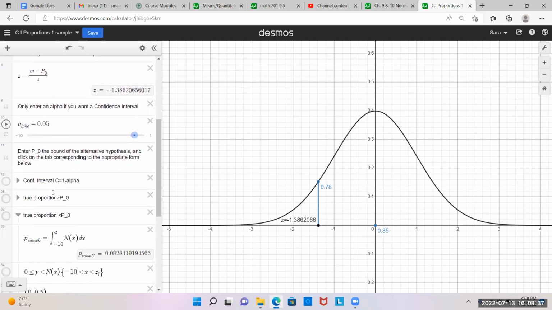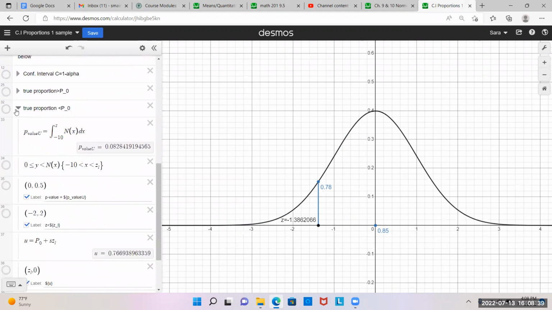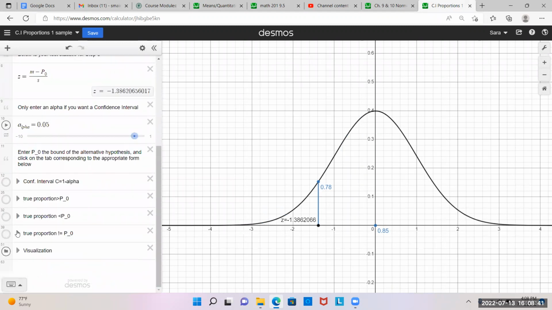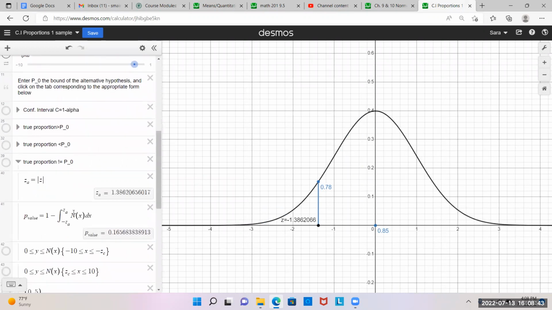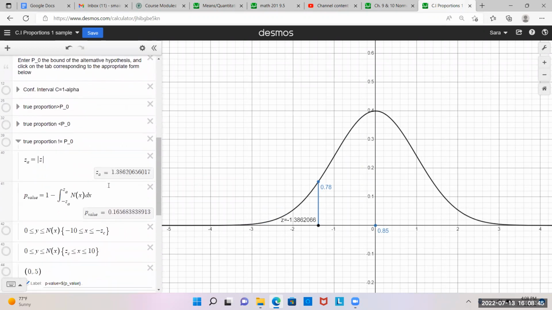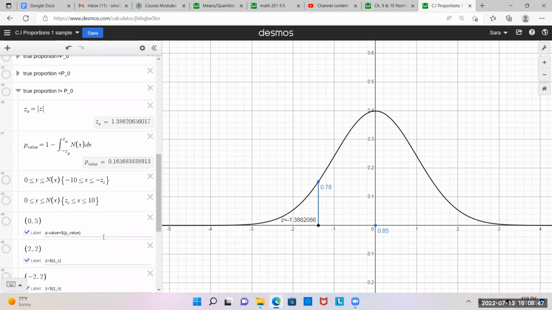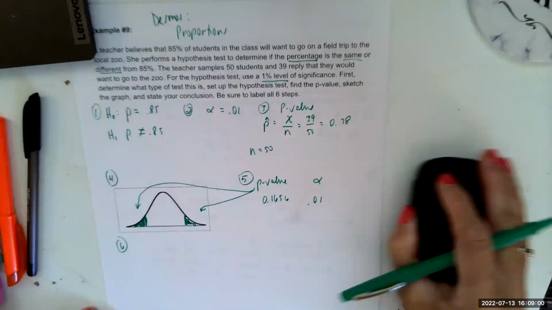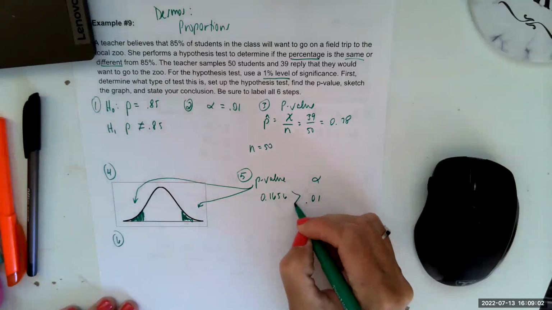And so we are proposing a not equal to, so let's click on that one, the not equal to. And so our p-value is 0.1656, which is greater than 0.01.